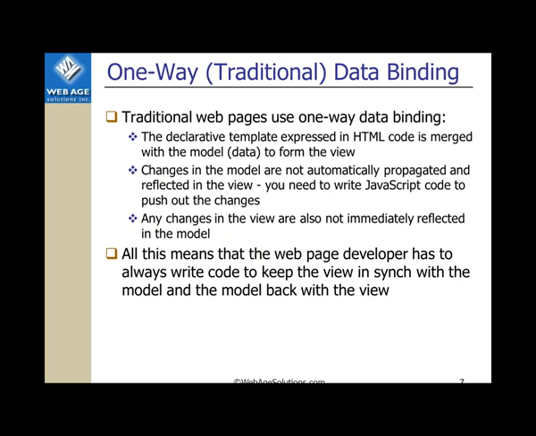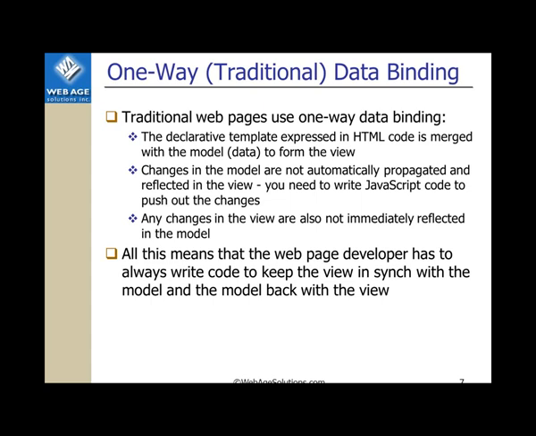So traditionally, we are familiar with the so-called one-way data binding. We never actually think about it this way, but that's how HTML works. We've got our code expressed in HTML, and this is a declarative way, and that's the way we initially present our users with some information, some content that we would like to share with them.